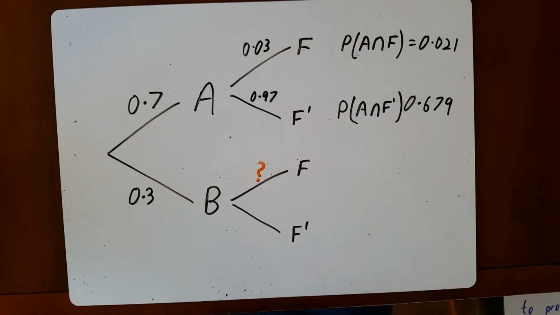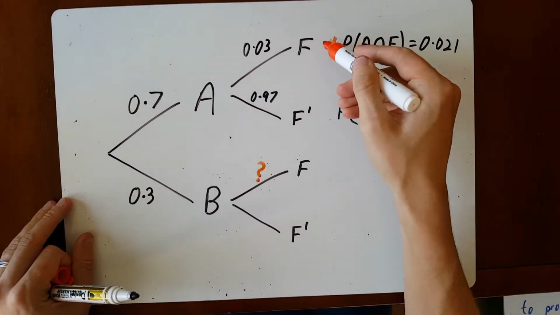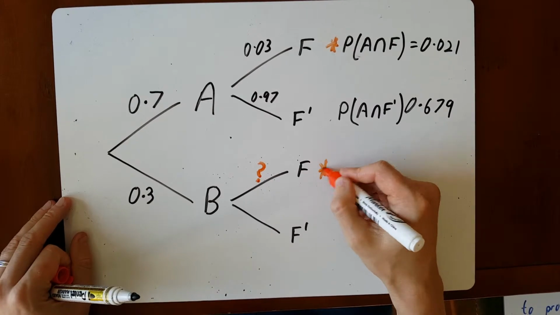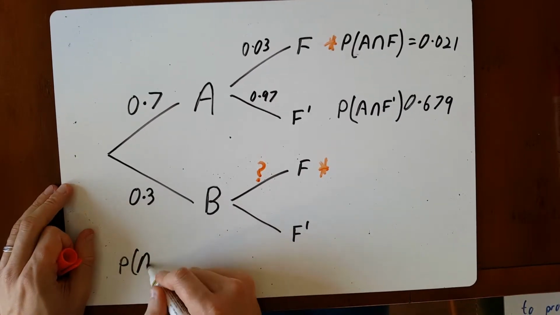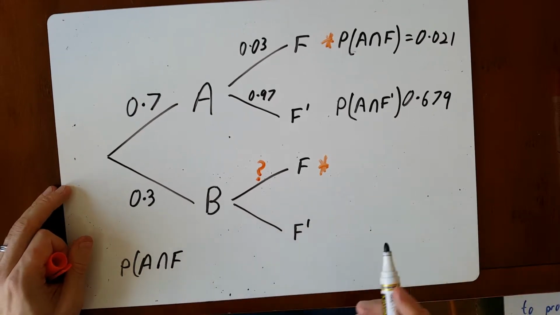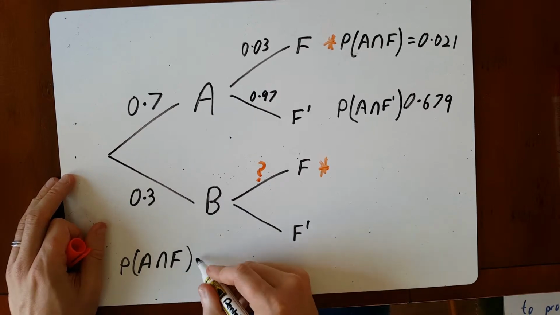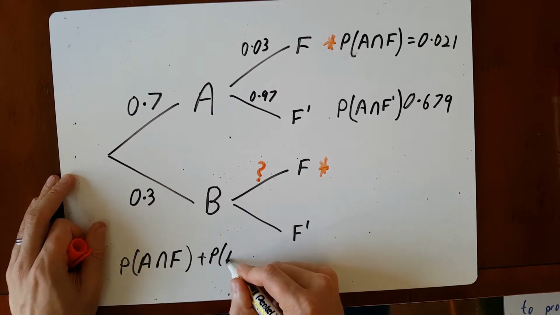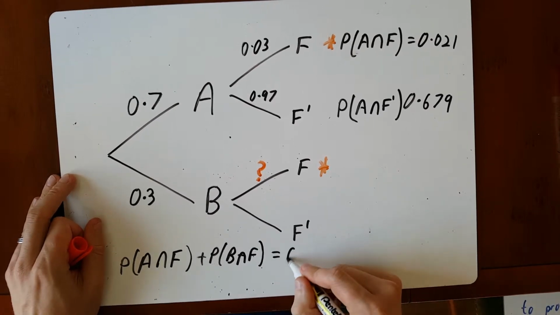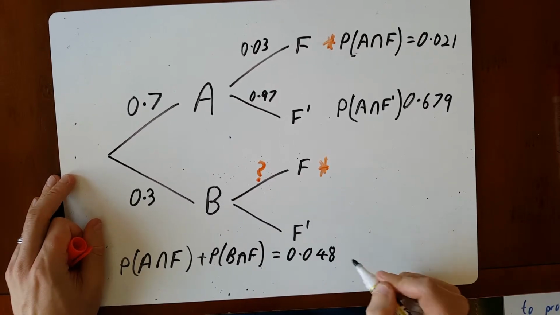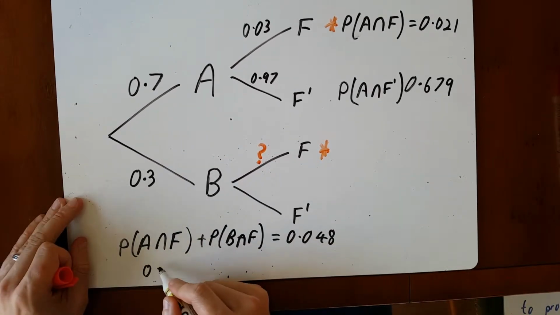That must mean that my two faulty ways, A and faulty, B and faulty, must add up to 0.048. So it's the probability of A and faulty plus the probability of B and faulty equals 0.048. And I know that this is 0.021.